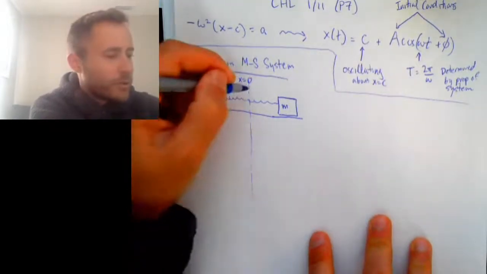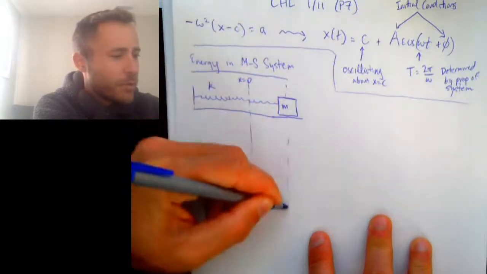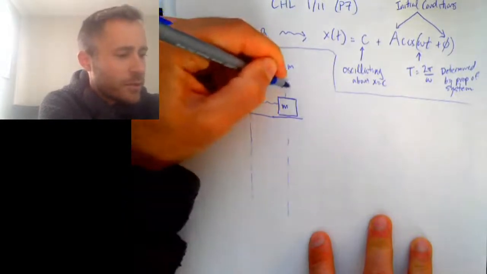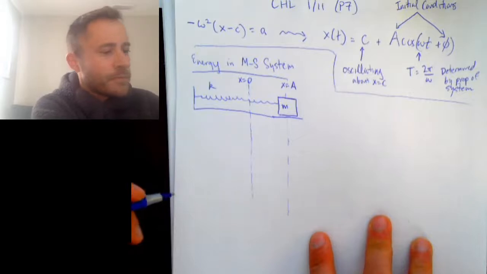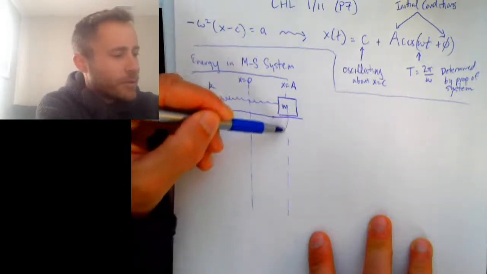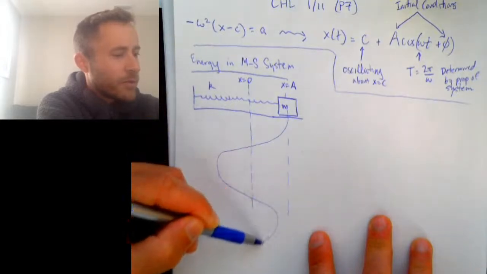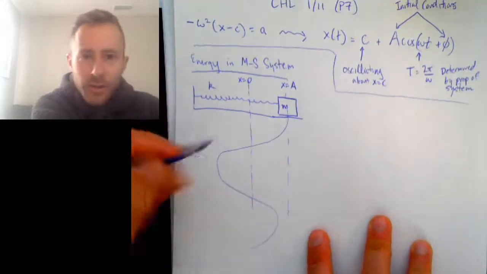And so the mass is pulled so that it's at x equals a. What's going to happen is it's going to oscillate back and forth as time goes on.